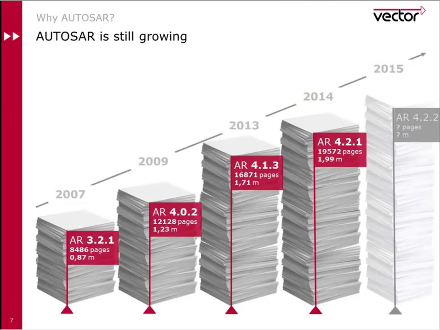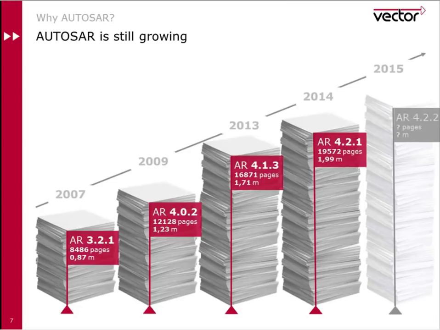AUTOSAR is a growing and evolving standard, and some customers I speak to say, well, AUTOSAR, it's not finished, and you could say that that is true, because it's an evolving standard, always encompassing the latest developments in technology today.